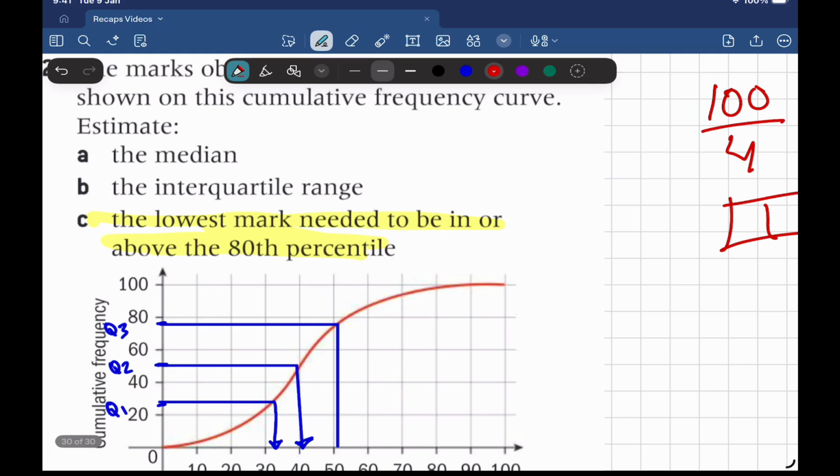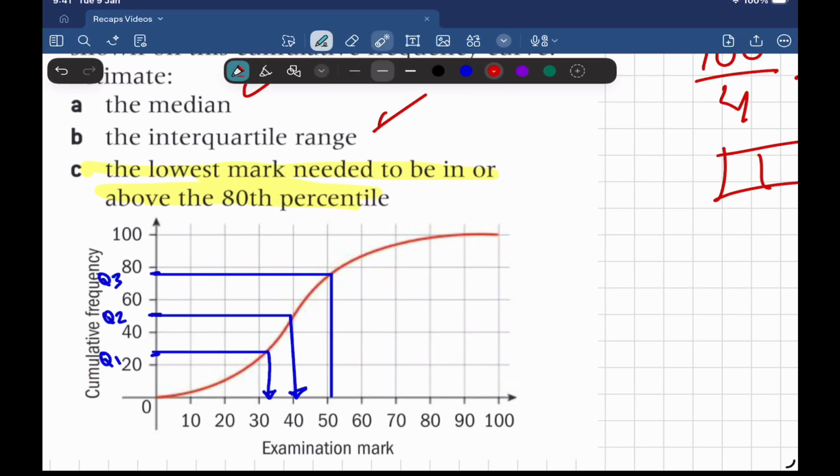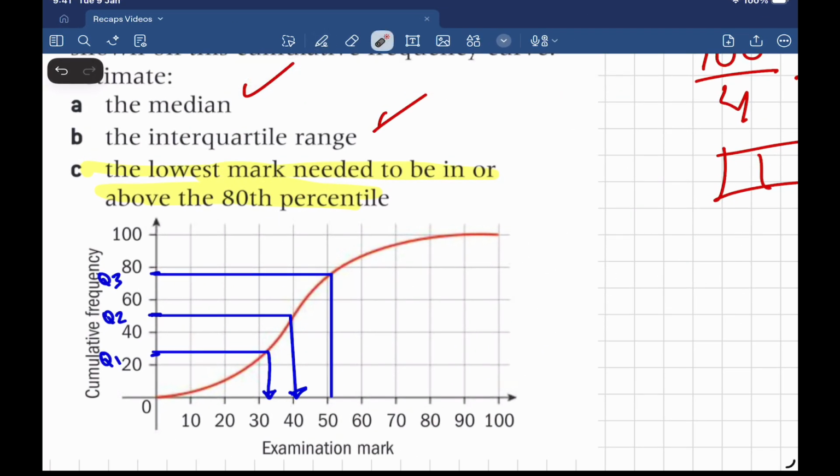Okay, what else? So we already have the median because it's Q2. We have the IQR. Then the last one, the lowest mark needed to be in or above the 80th percentile. When they are asking about percentile, we need to remember the definition of percentage. Considering that the maximum, or the total cumulative frequency, is 100, this is easier because 100% is 100.